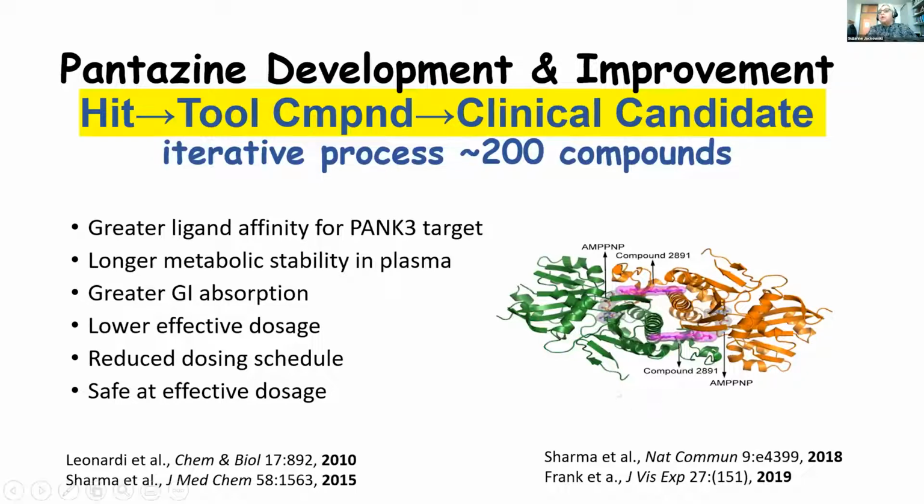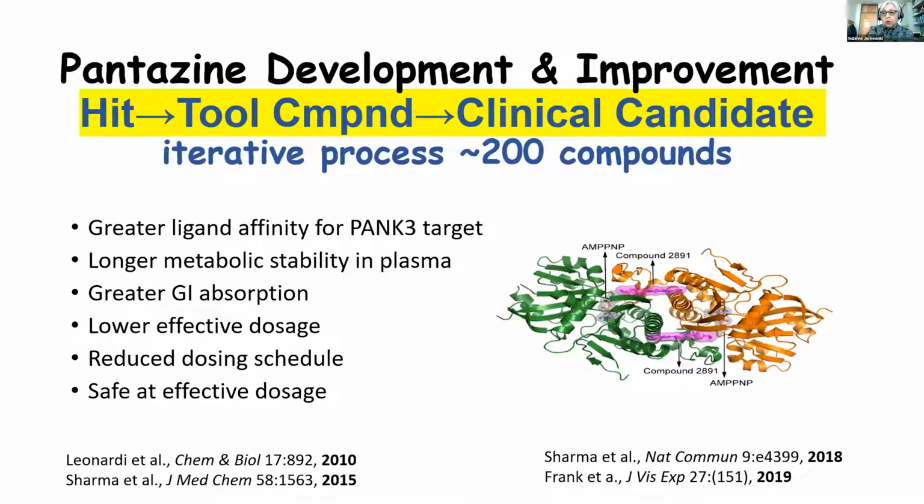In the right panel, you can visualize a PANK3 protein saturated with pantazine 2891 in pink, binding across the interface between the protein monomers. Each new compound after 2789 went through a battery of tests, a lot of different chemical techniques at the bench, coupled with testing in cultured cells and animals.